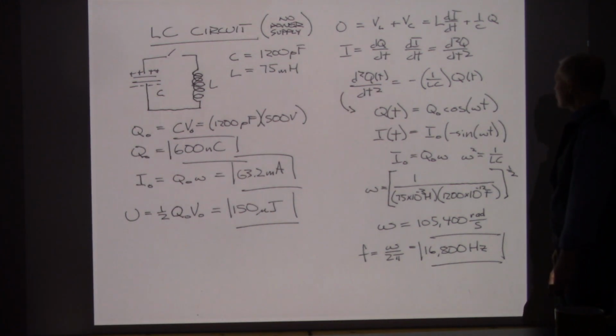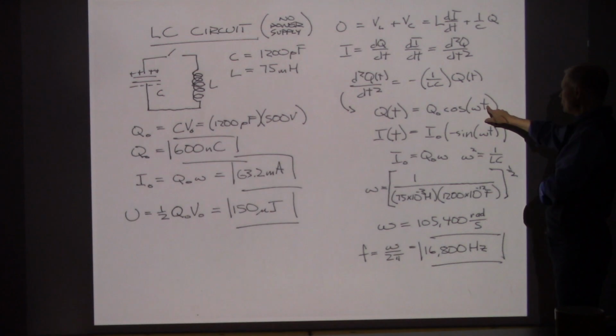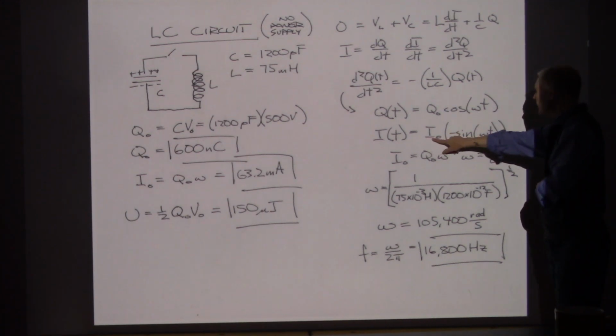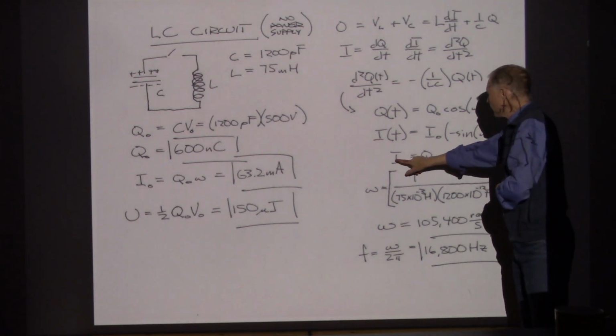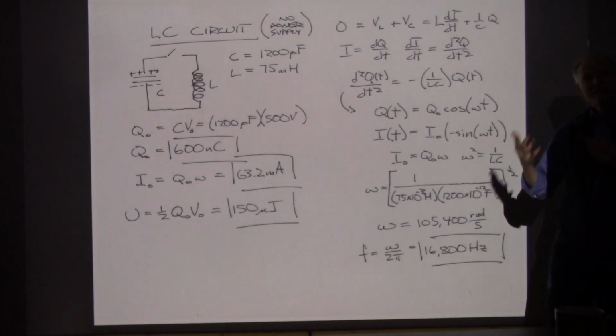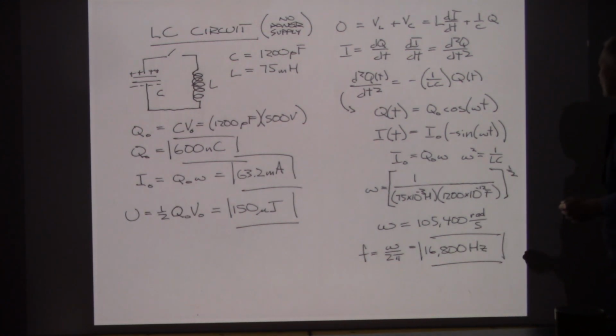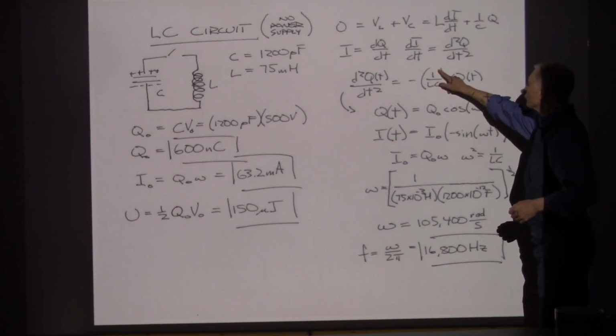Now what that enables us to do is write down what the charge is as a function of time. I can take a derivative and write down what the current is as a function of time. I can write down what the maximum current will be in terms of the beginning charge that we start with. And then finally, the frequency of the oscillations squared is equal to 1 over LC.